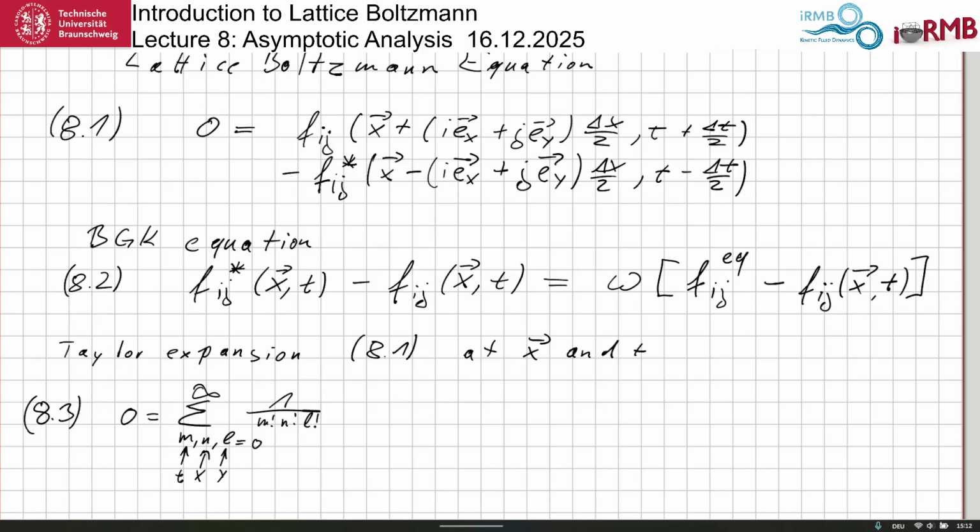Then we have the distance that we move from our development point. That is delta x half, and we move delta x half in x and in y. This is why I take the liberty to not make it too long.